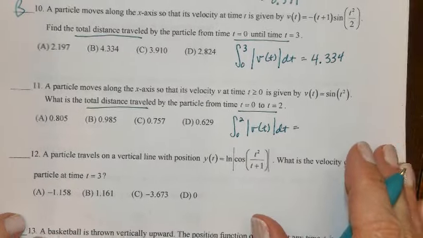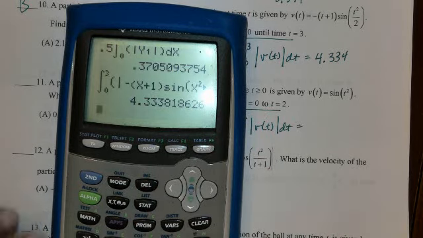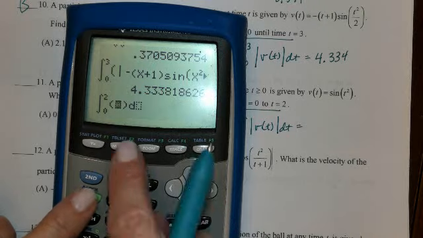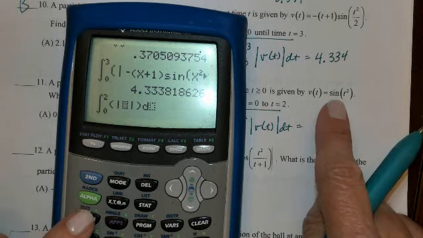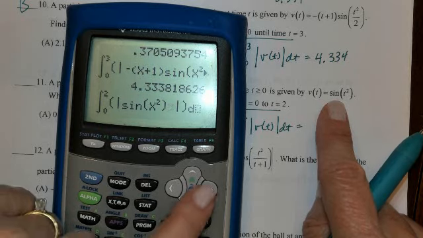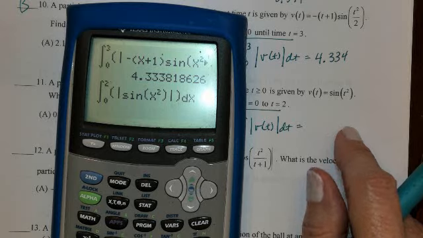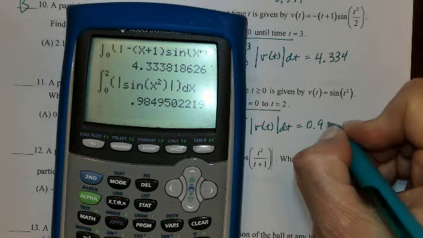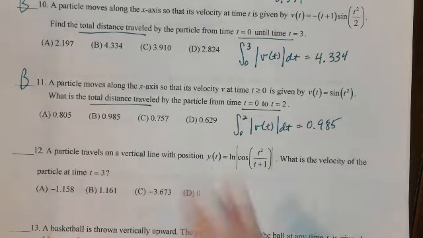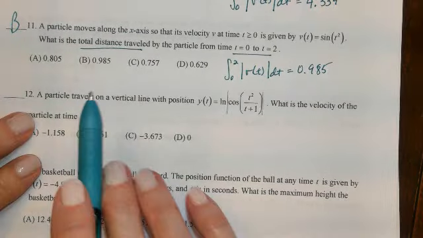So same thing, integral 0 to 2 this time, absolute value of sine of t squared, so sine of x squared. 0.985. 0.985 is B. I'm moving on. Okay. All right.